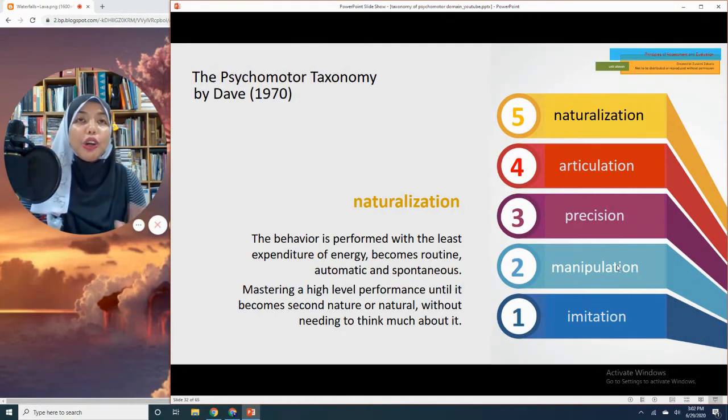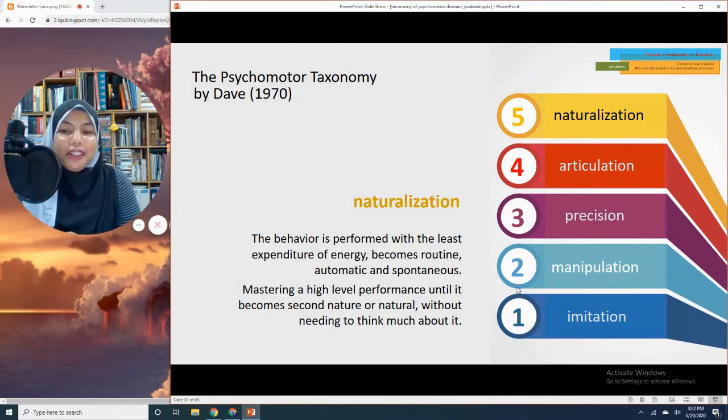Okay, you are always aware, macam okay aku kat mana, aku nak buat apa lepas ni, kalau macam ni aku nak buat macam mana. So this is here. But when you are at the highest level, whatever things that you are doing becomes automatic, up to the point that you are not even aware that you are doing the skills.